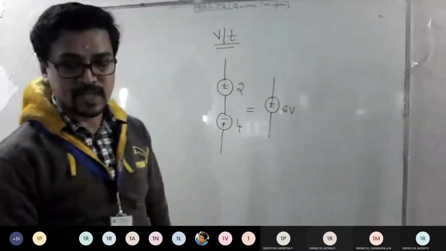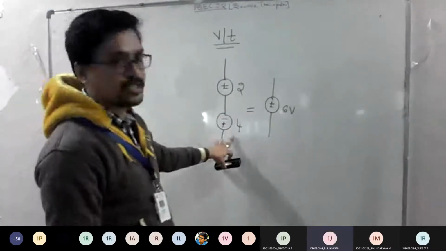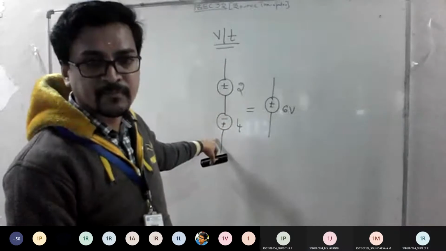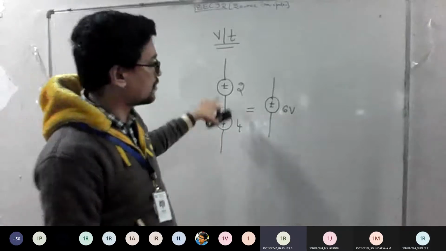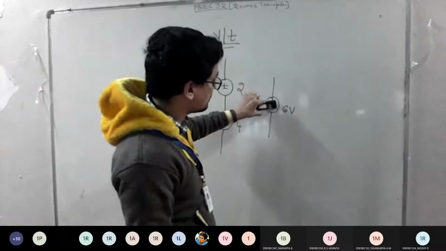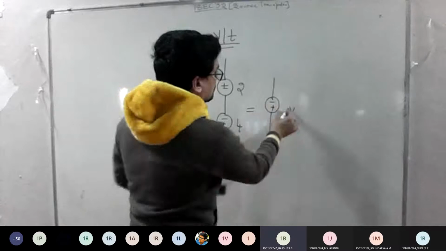Now I will change the symbol. What's the answer? We take the difference of the voltages, sir. You need to take the difference. From these two, which is bigger? 4 is bigger, right? So you need to subtract 2 from 4. The answer is 2. But what about the symbol representation? For the symbol representation, you should pick the one which is higher.